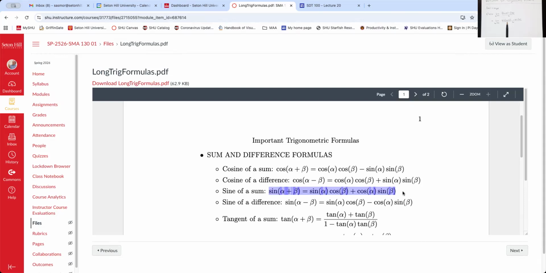So I'm going to use this where I see the sine of x plus h. So with the formula in front of me, limit as h goes to 0, sine of the first thing, cosine of the second thing, plus cosine of the first thing, sine of the second thing.